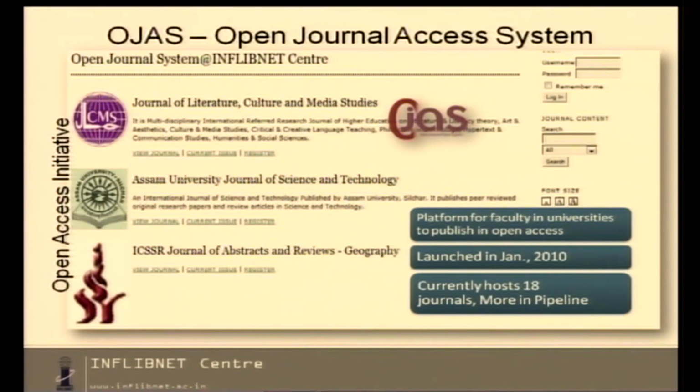So, he can upload the content, he can upload an e-issue, an electronic issue of the content, he can invite articles, and he can edit them online. The entire process is controlled by the OJS system, which is hosted on our platform, and the control is available to the respective editor of the journal.